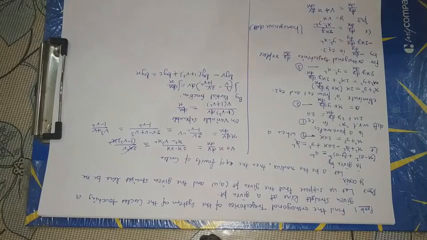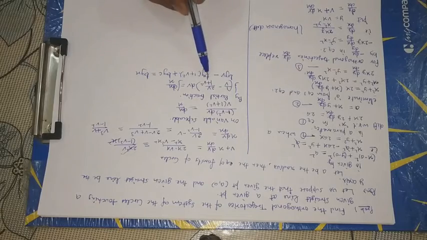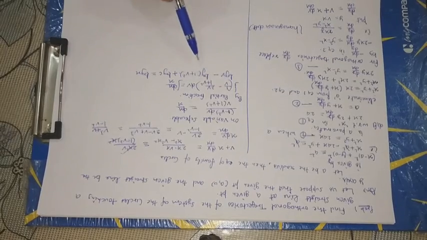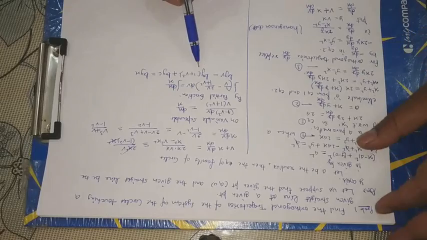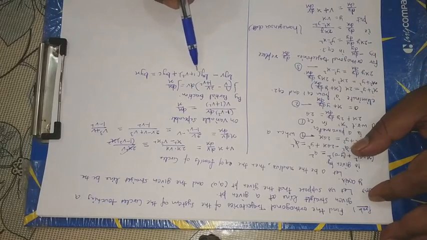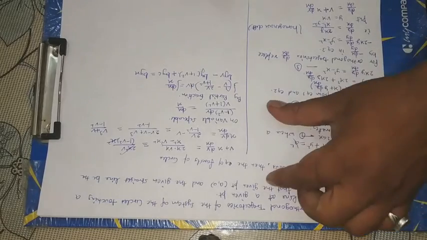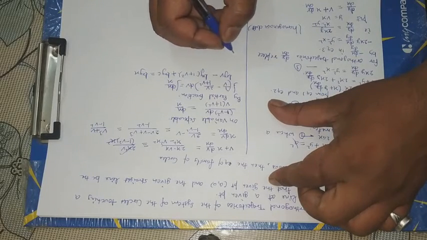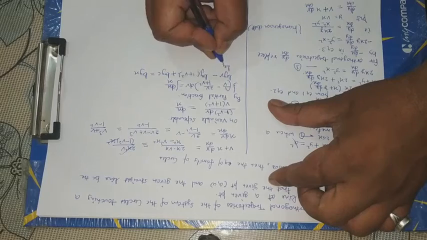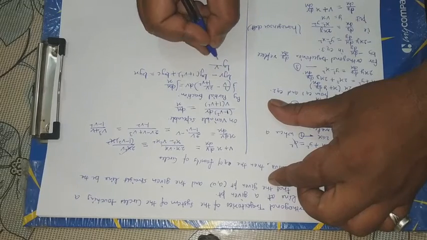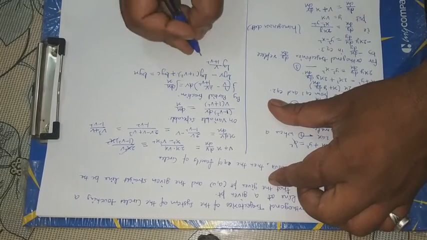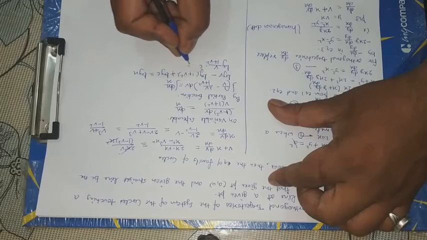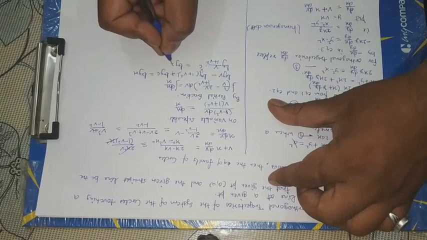By putting 1 plus v square is equal to t, that is 2v dv is equal to dt, the integration of dt upon t is equal to log t. By putting the value of t, that is log (1 plus v square). Okay student, that is log of v upon (1 plus v square) into c equal to log x.